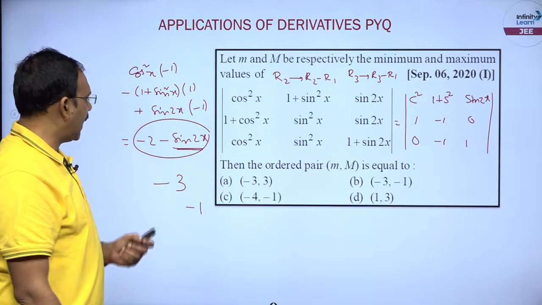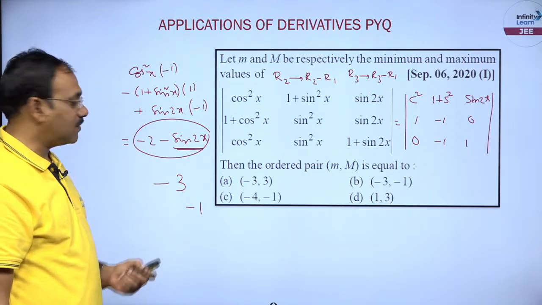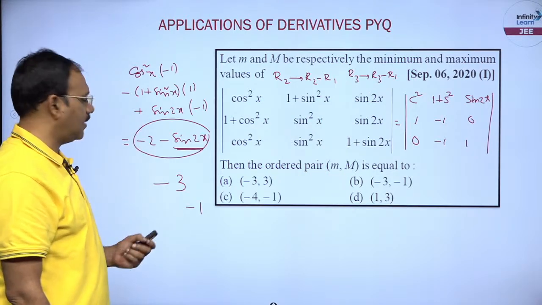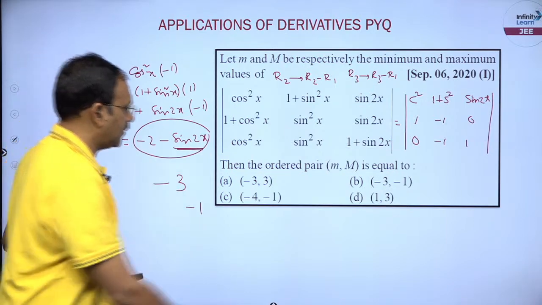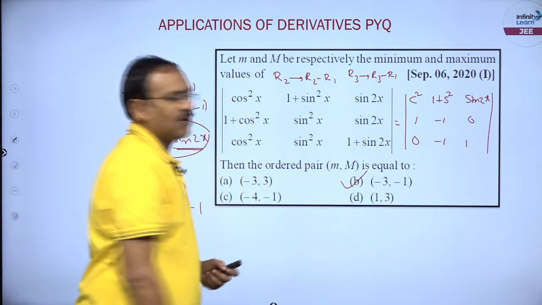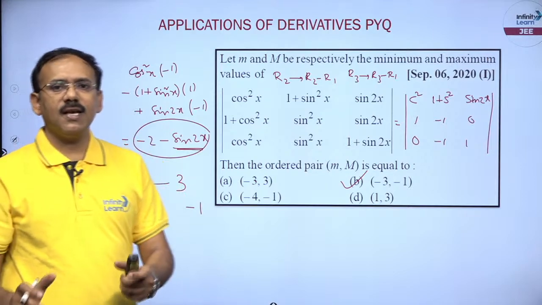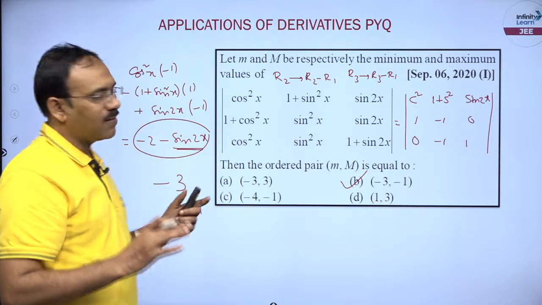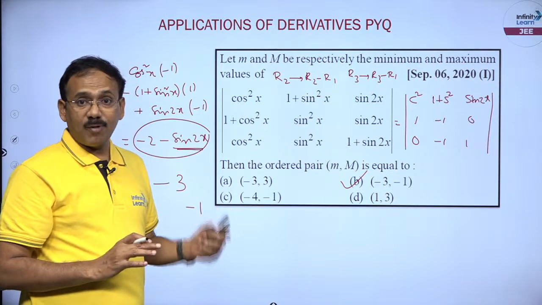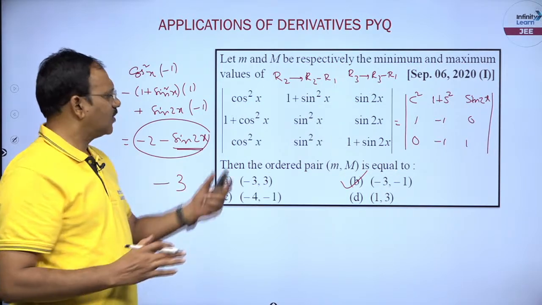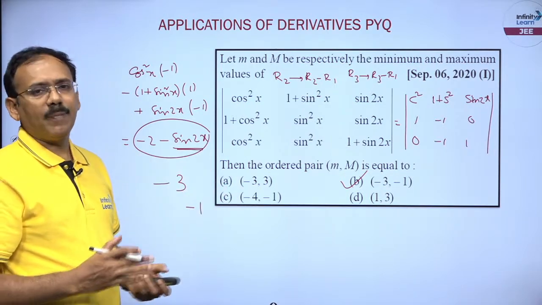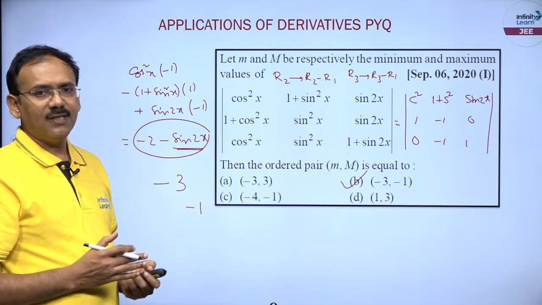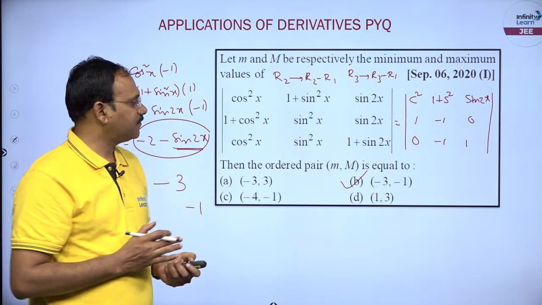So, friends, this expression's minimum value is minus 3 and maximum value is minus 1. So, option B is the right answer. In name it is a problem related to maxima and minima, but in fact it is a problem related to determinants. Here you just applied operations, fine. Shall we go to the next question, friends?